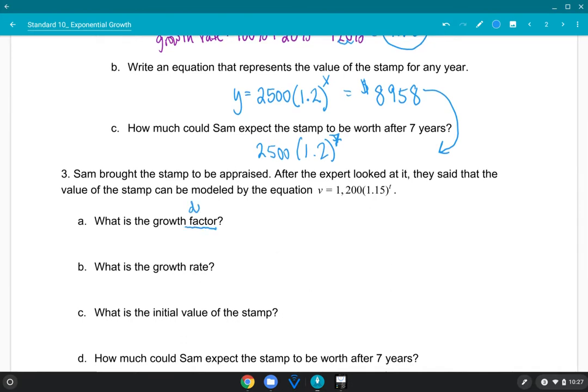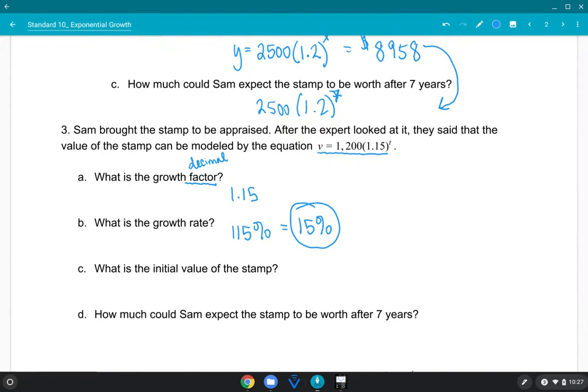Remember, this is a decimal. What is the growth factor in this equation? 1.15. What is the growth rate? 115%.